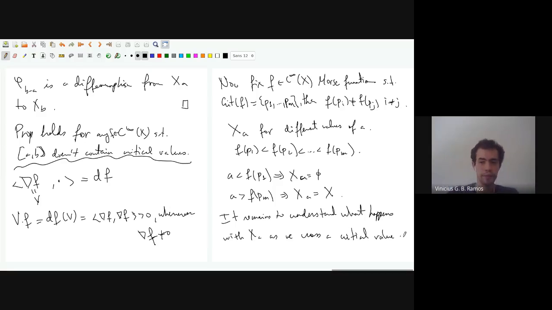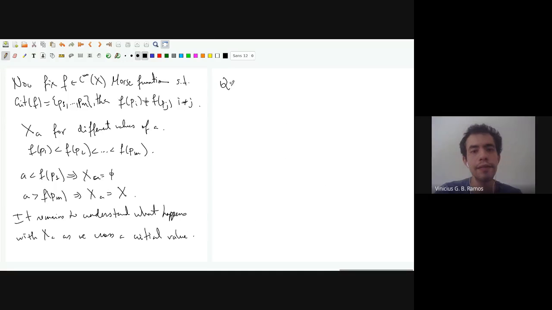Okay, so what's the question, I guess, is what is the relationship between X of f of pi minus epsilon and X of f of pi plus epsilon?